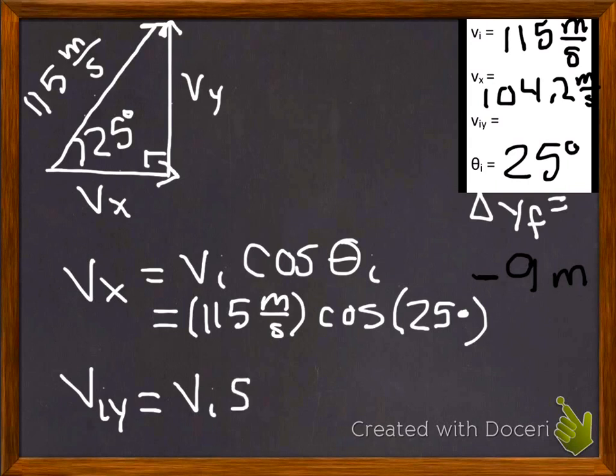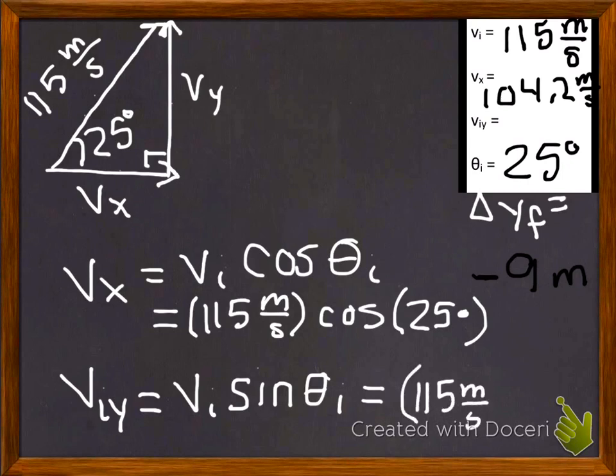But we're just going to change cosine to sine of theta I. So that's going to be 115 meters per second, sine of 25 degrees.